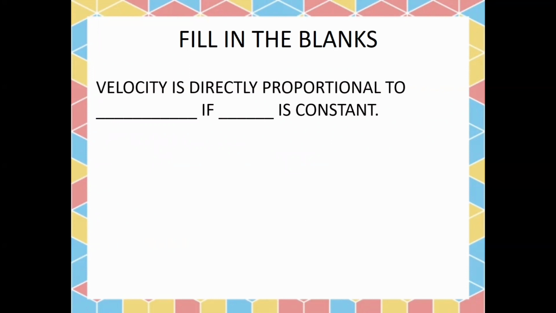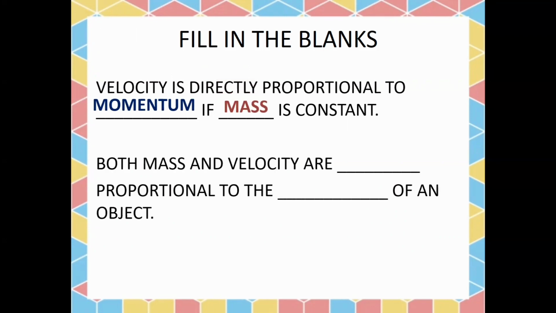Velocity is directly proportional to blank if blank is constant. It is proportional to momentum if mass is constant. Both mass and velocity are blank proportional to the blank of an object. So these are directly proportional to the momentum of an object.